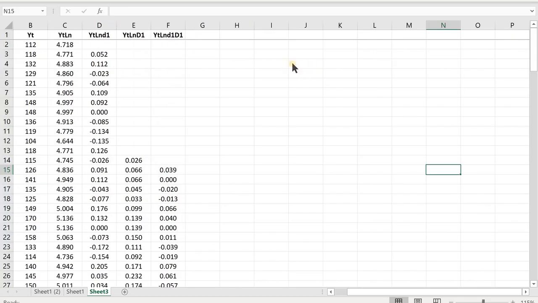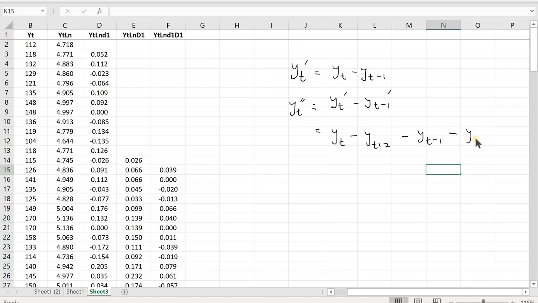Let's recall the equation of difference data. Let's say we difference one time at non-seasonal, so it becomes yt minus yt minus 1. When we difference again at seasonal lag, so yt prime minus yt minus 12 prime, and then minus, yt minus 1 minus yt minus 13.